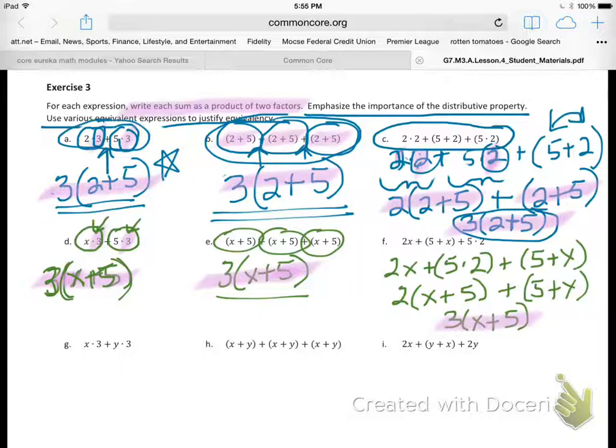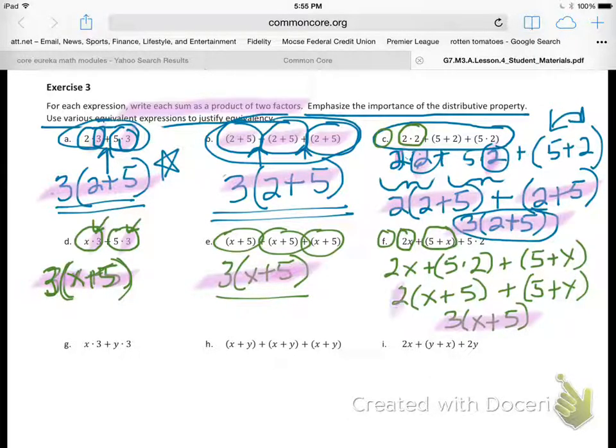And with F, the way I did it was very similar to C, because just like 2 times 2 is a product, 2x is a product as well, but it just has a variable attached to it. So that 2x and that 5 plus x, those two both have a common factor, which is 2, okay?